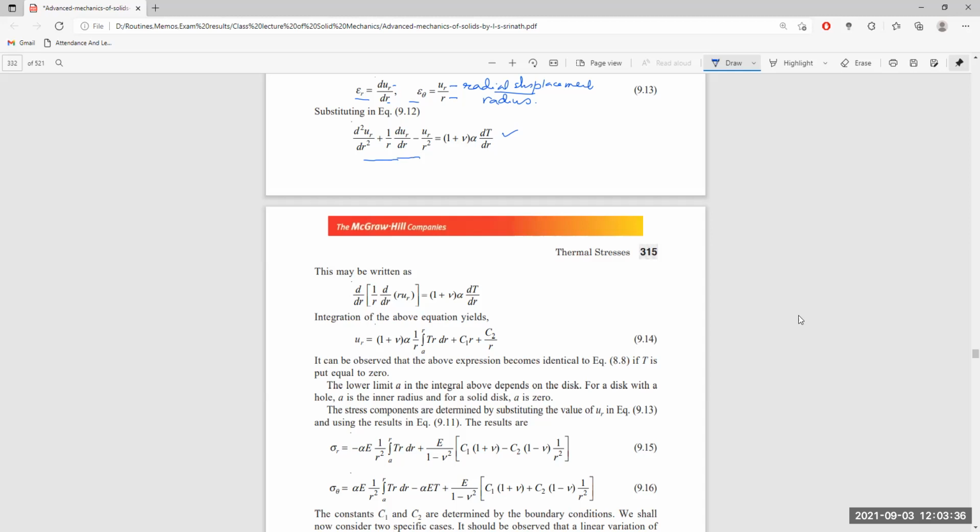Now, if we integrate the above equation, what will happen? We have this equation remaining the same. Integration of the above equation gives u r equal to (1 plus mu) into alpha into 1 by r, integration from 0 to r of T into r into dr, plus c1 into r plus c2 divided by r itself.